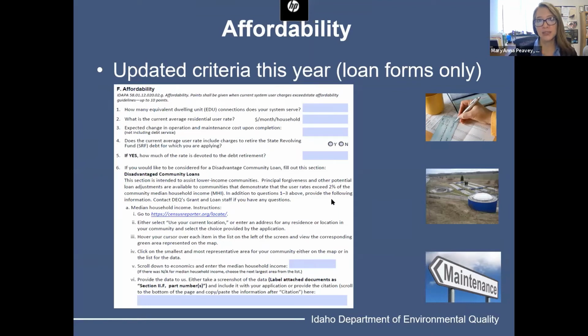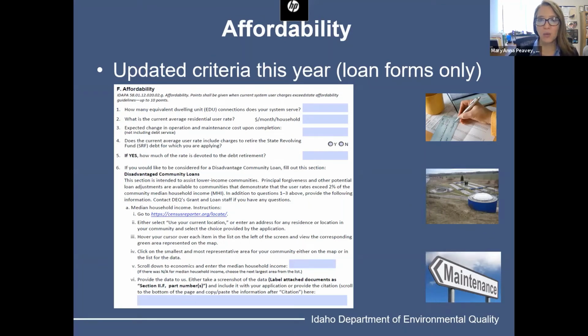Disadvantaged communities are who will be directing our principal forgiveness dollars to. So just to reiterate, we'll be getting around $7 million out next year for clean water projects and around $10 million for drinking water SRF projects. So that will be going to, again, disadvantaged communities.